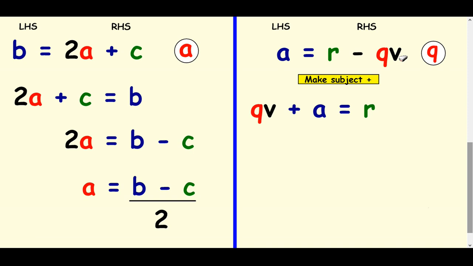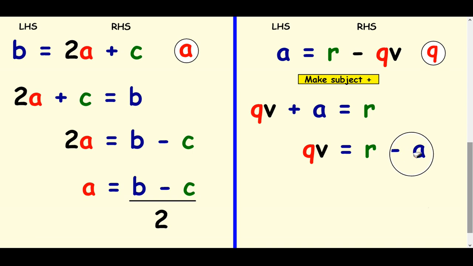So you can take things together. You can take all of that as a package if you like and put it to the other side by undoing the take away and adding it. Now you could definitely have A plus Qv. I've just written Qv plus A. Okay, right, what's next? Well, I've got this plus A that I don't really want there. That's similar to this plus C here. I'm going to take it away from the other side, to leave me with Qv.